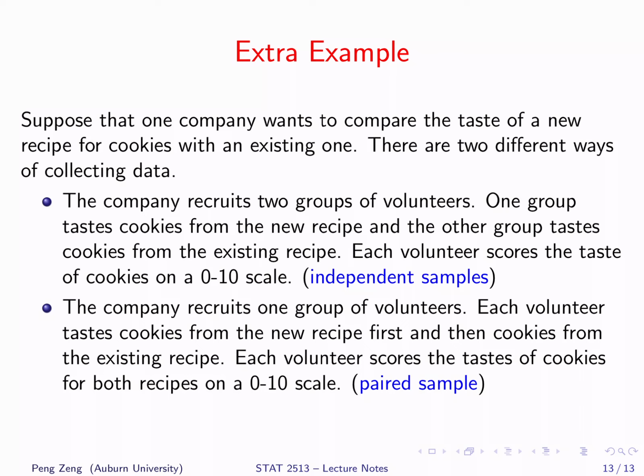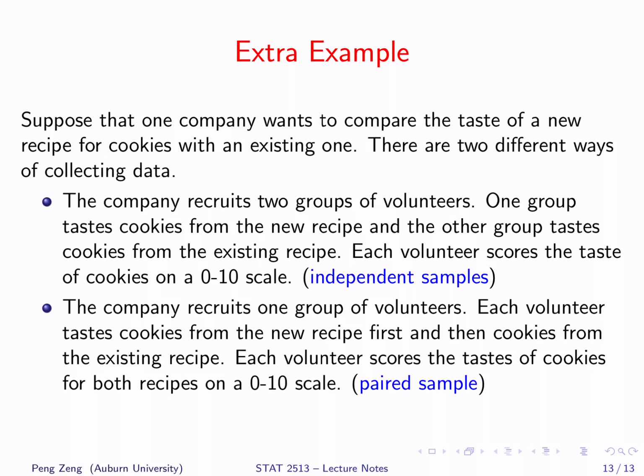There is a different way to collect data. The company recruits one group of volunteers. Each volunteer tastes cookies from the new recipe first, and then cookies from the existing recipe. Each volunteer scores the taste of cookies for both recipes on a 0 to 10 scale.